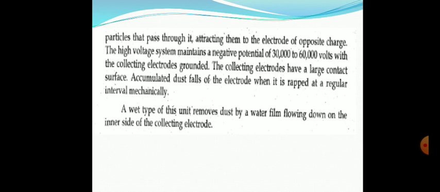The high voltage system maintains a negative potential of 30,000 to 60,000 volts with the collecting electrodes grounded. The collecting electrodes have a large contact surface. Accumulated dust falls off the electrode when it is rapped at a regular interval mechanically. A wet type of this unit removes dust by a water film flowing down on the inner side of the collecting electrode.